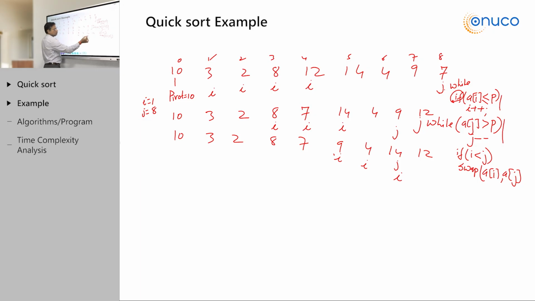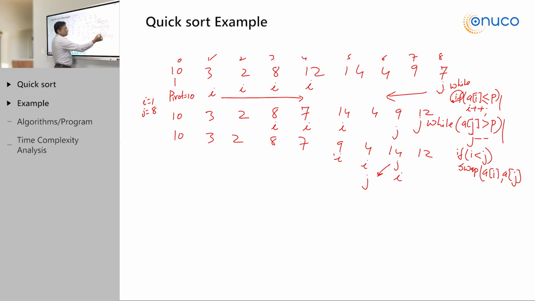Now go and compare with j. Is A of j, 14, greater than 10? Yes, j decreases. j came in this direction. So j will go from right to left, i will go from left to right. Is 4 greater than 10? No. Stop. So j is also stopped, i is also stopped.